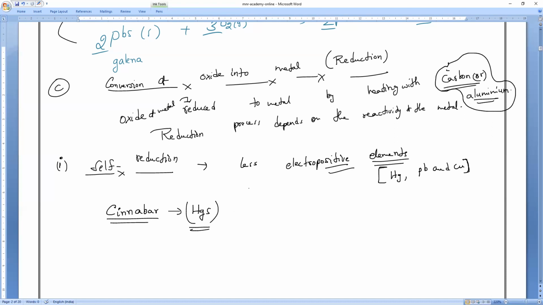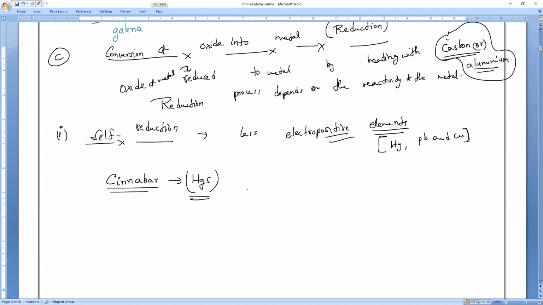So if you take this mercury(II) sulfide, when this concentrated HgS is heated in the presence of excess oxygen, it will automatically convert into mercury(II) oxide. And further, if it undergoes continuous heating, mercury will automatically be extracted, completely free from all impurities. Let me write the equation.